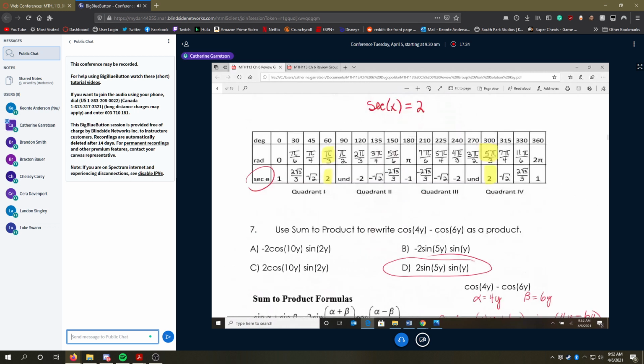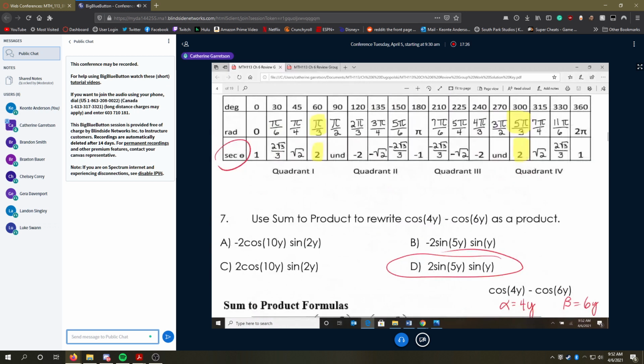Now the next one says use sum to product to rewrite the subtraction of 2 cosines that have different angles, to write them as a product. Technically, we think of subtraction as a sum of the opposite value.